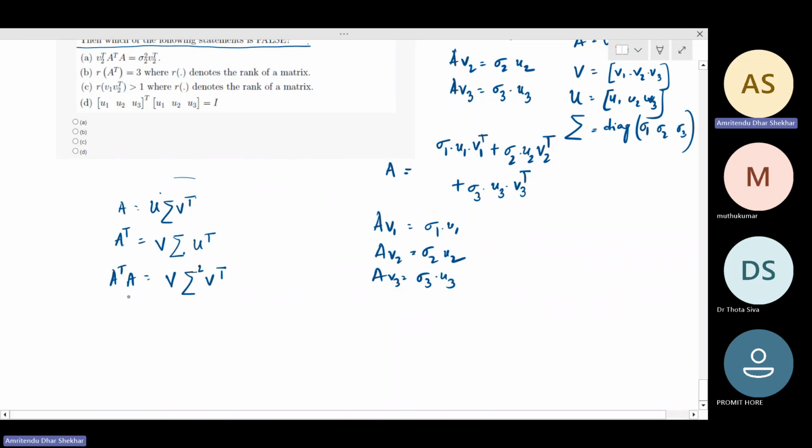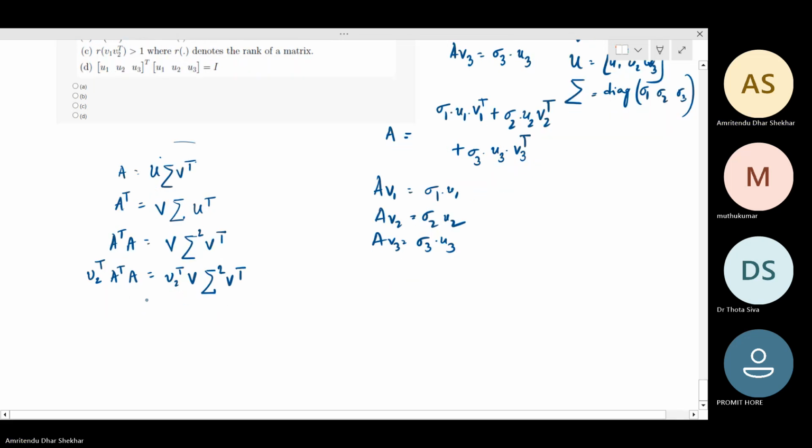And then V2 transpose of A transpose A. Well, what is that equal to? It is V2 transpose of V sigma square times V transpose.